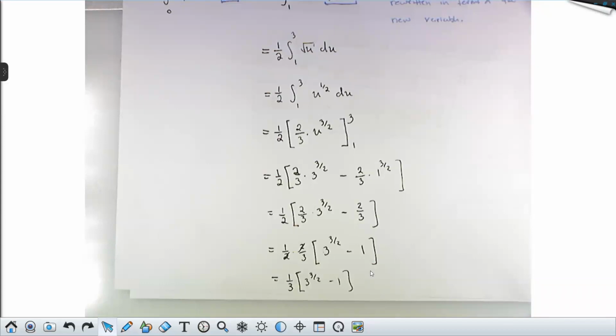You may notice that this 2/3 could have been factored out right away. And this is one of those neat facts that the evaluation bracket is also a linear operator of its argument. Yeah, if you stopped here, this would be fine as well. On a test, I would want you to get at least this far.